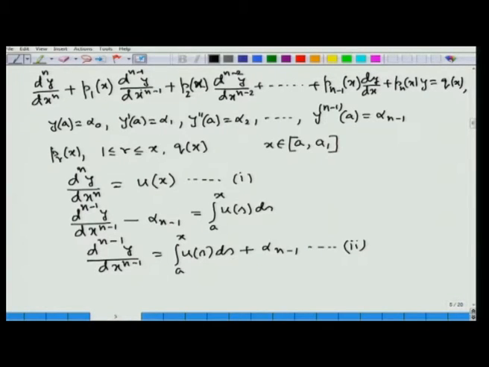Now we are going to substitute all these expressions into the original given ordinary differential equation, this one, after transferring the n minus 1th derivative of y up to the y term onto the right hand side.